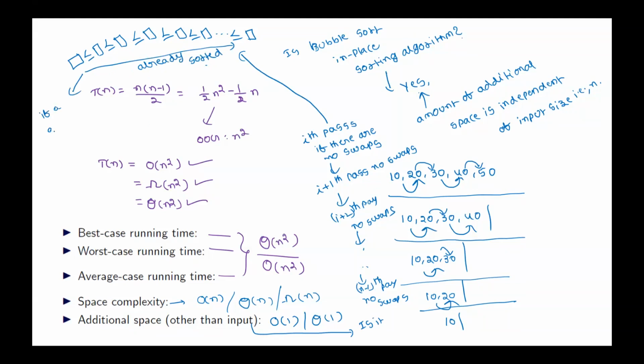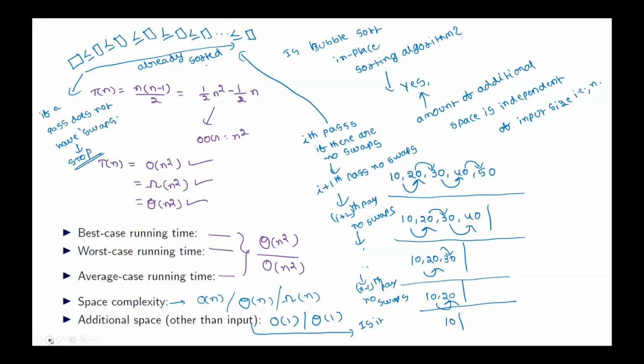If a pass does not have swaps, we can stop there itself. Yes, sir. That's what we do, so that we get some improvement. We can save some comparisons.